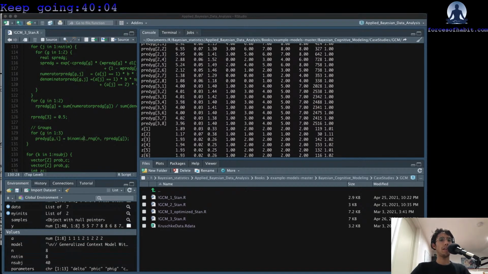Let me see what binomial RNG is in Stan. It generates a binomial variable with n trials.